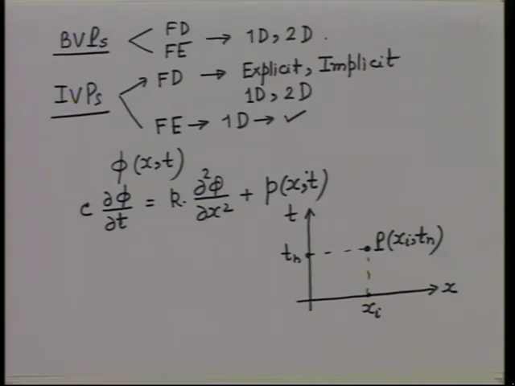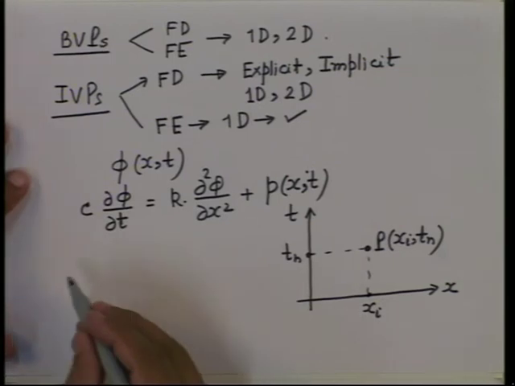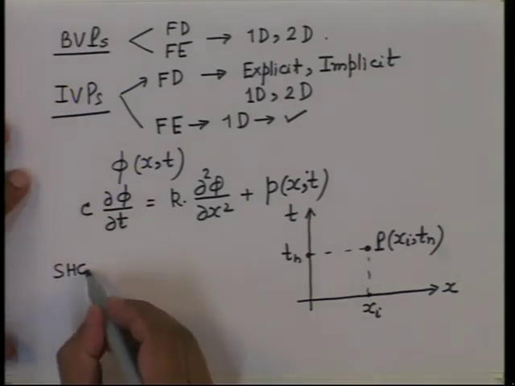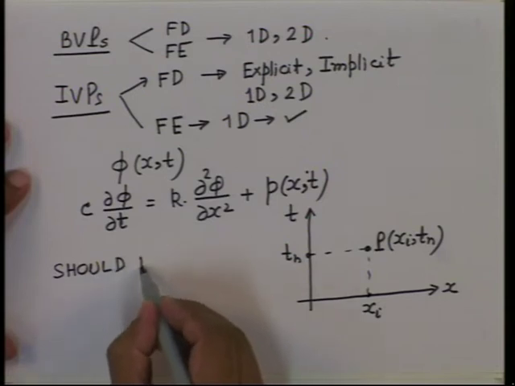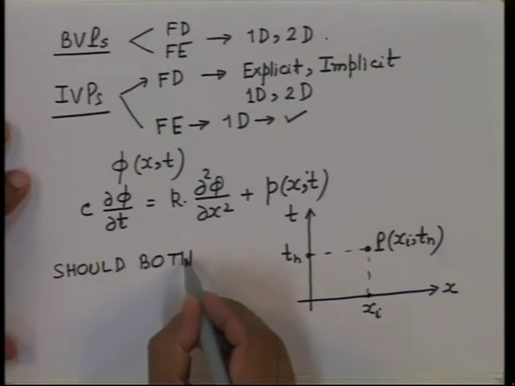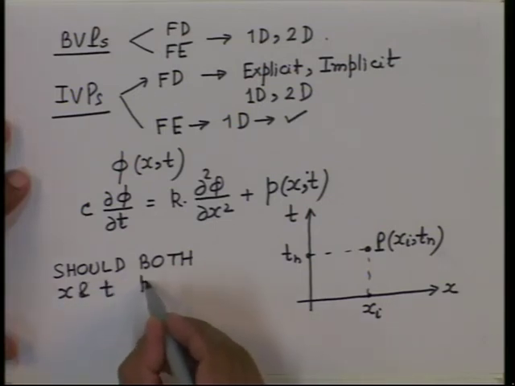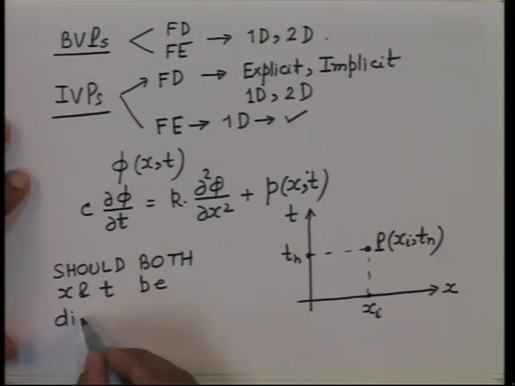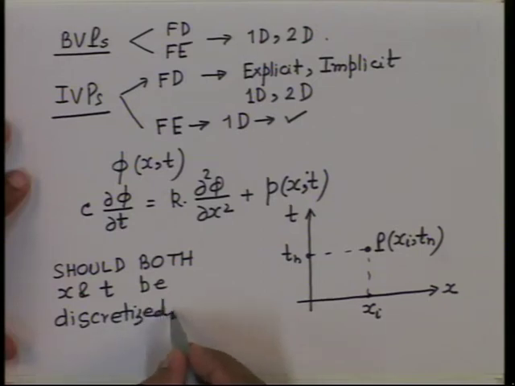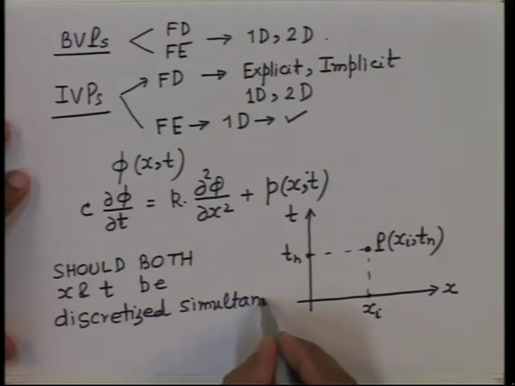So, we will now slightly change our approach. Should we discretize both x and t simultaneously? Obviously not.